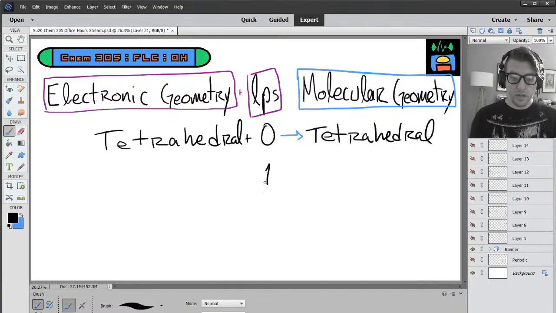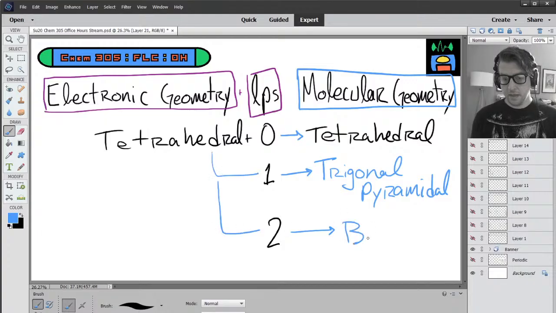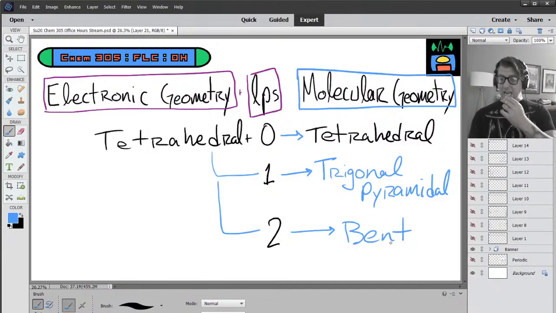If you have 1 lone pair, your molecular geometry changes to trigonal pyramidal. And if you have 2 lone pairs, your tetrahedral geometry becomes bent.